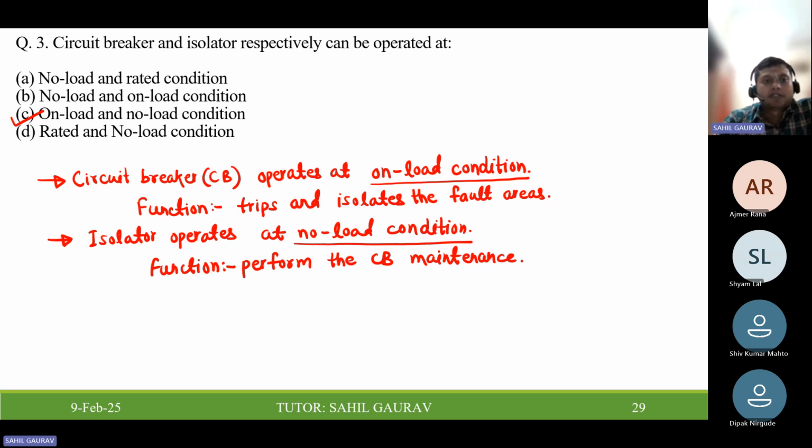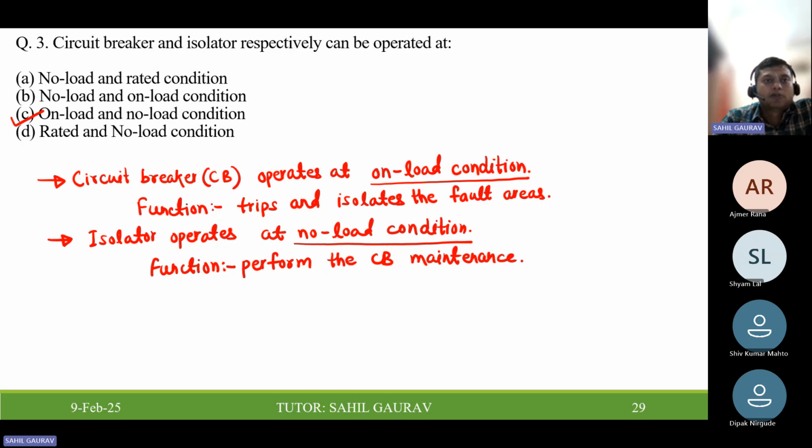And isolator operates at no-load condition, which means we open the isolators to perform the circuit breaker maintenance. So this isolator operates at no-load condition. We use this isolator to perform the circuit breaker maintenance, while the circuit breaker operates at on-load condition, gets the trip signal from the relays and isolates the faulty areas.